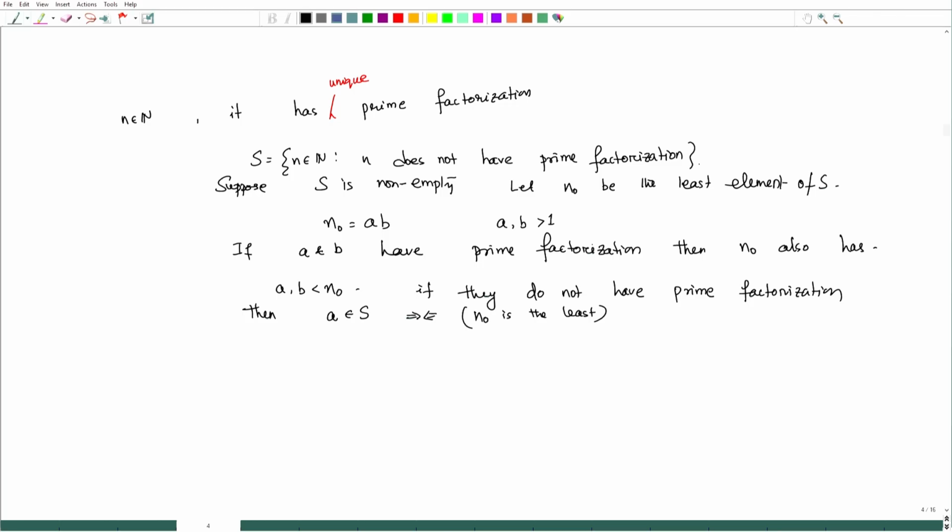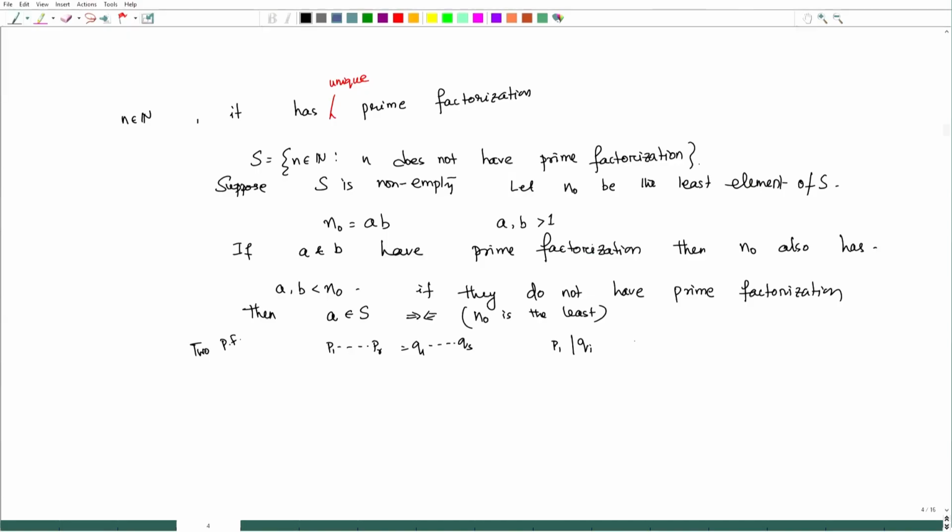And now the uniqueness is also kind of easy. Suppose there are two prime factorizations, p1 to pr and q1 to qs. Then definitely p1 is going to divide some qi, but qi is a prime, so it cannot be divisible by any other number.